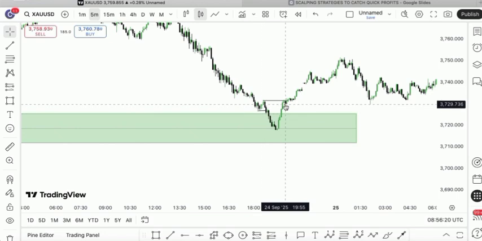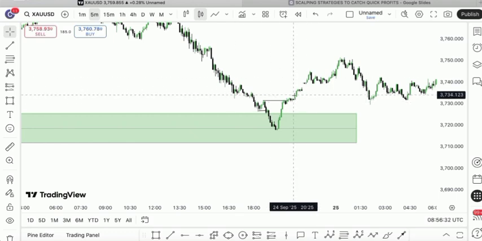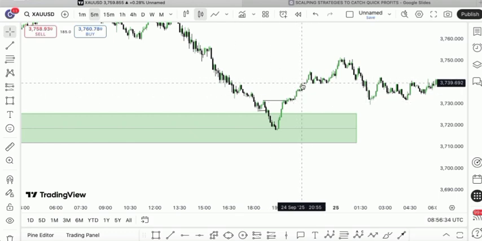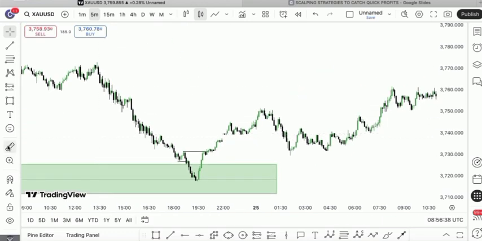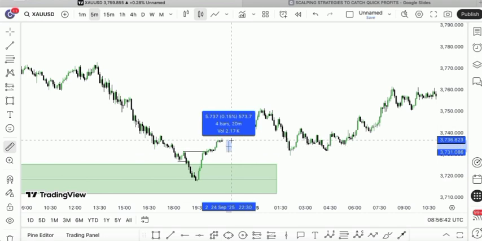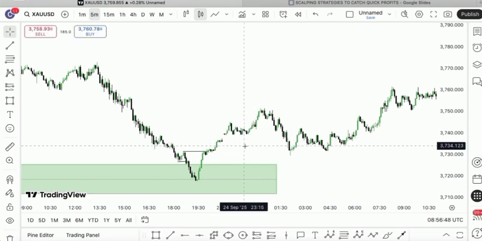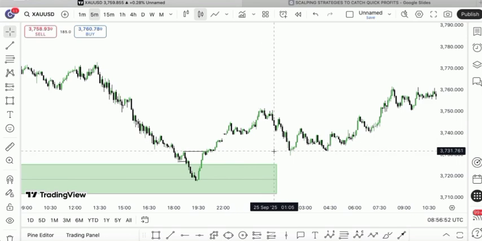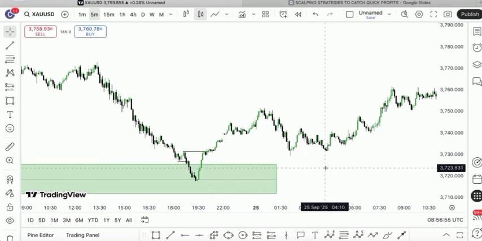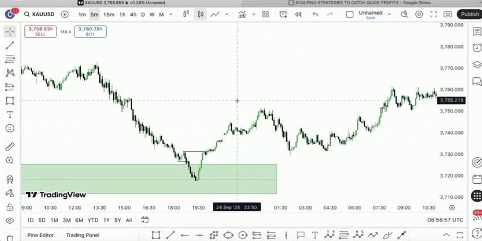You enter your trade and then you move. Enter this trade and target the next high. Of course, this is gold, so gold moves very fast. It gives you 57 pips. Immediately you exit the trade, and then you wait for another setup.